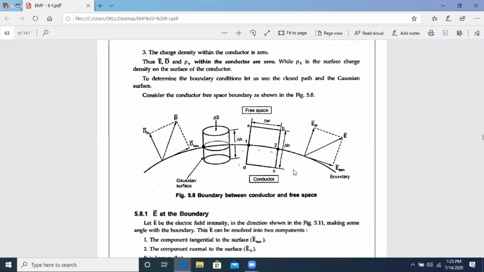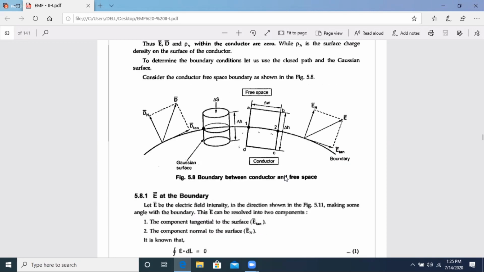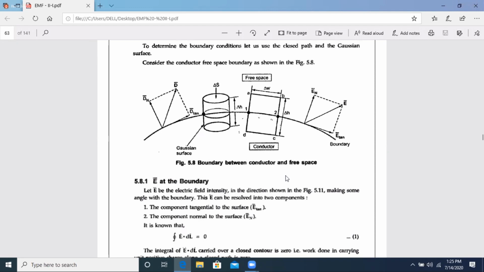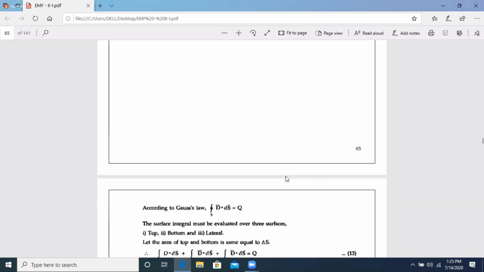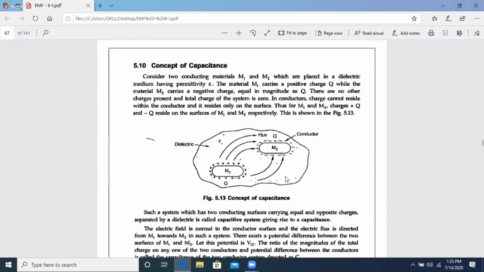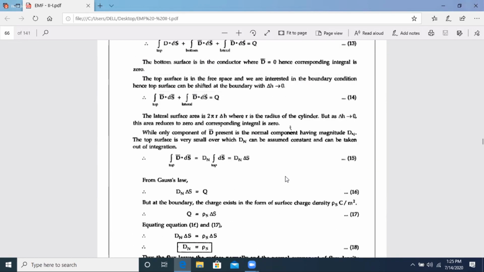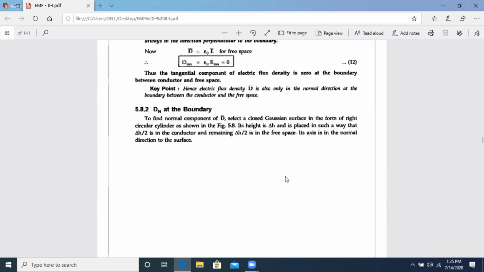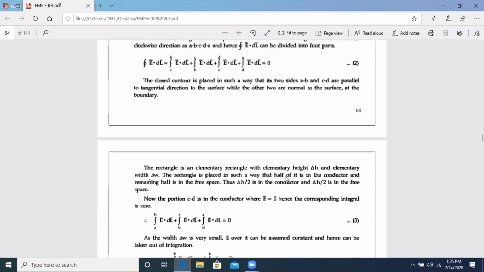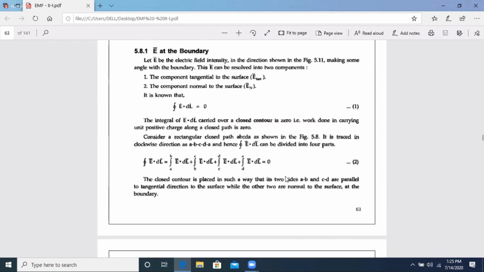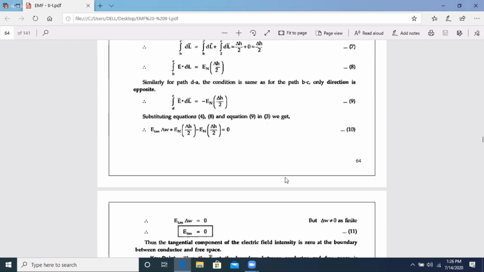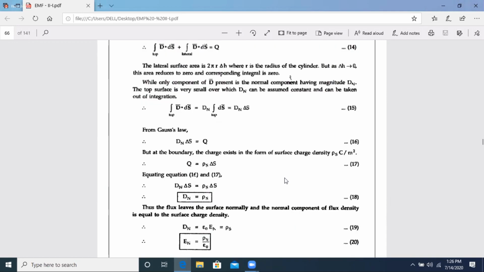We are going to say, go to figure 5.11. Okay.